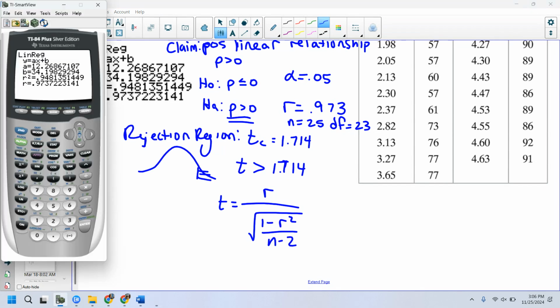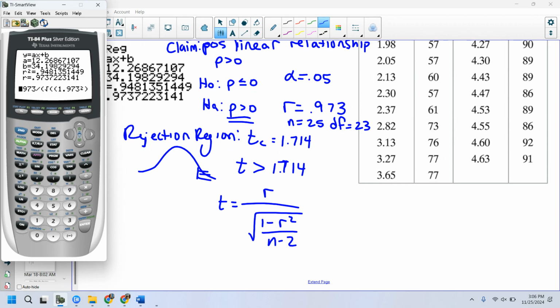Okay, so let's run that value. We have R 0.973 divided by, okay, inside we've got a radical, and I've got 1 minus 0.973 squared.